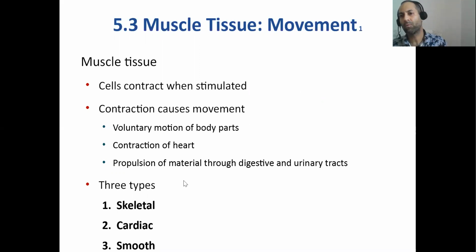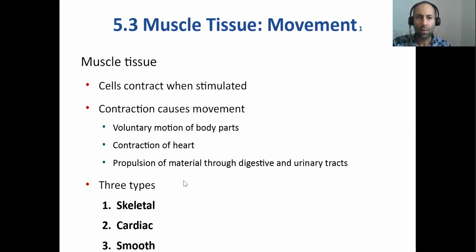So muscles are about contraction, okay? If there's one thing that basically typifies a muscle tissue, it is contraction and relaxation in different ways, though. As we shall see, the skeletal muscle is a little bit different in terms of contractility and other aspects as compared to cardiac and then smooth muscle.